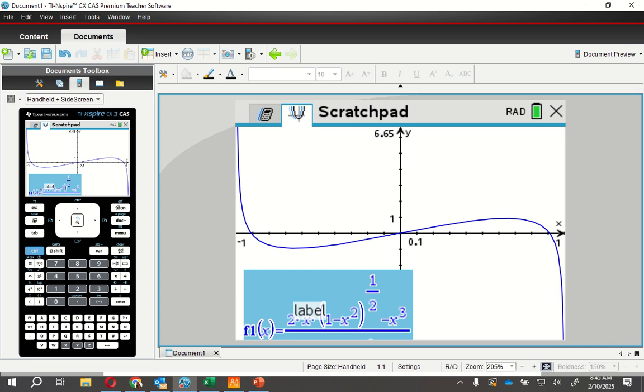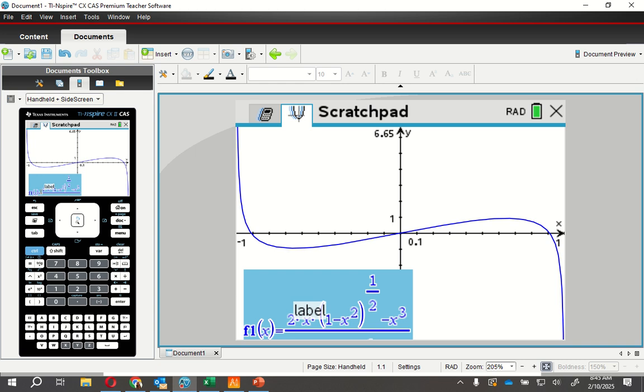That's a minimum, right? Minimum. And what's that concavity? There we go. And over here, this point is going to do the same thing. It's going from positive to negative, so that's going to be a maximum. That's a maximum, and there is concave down.